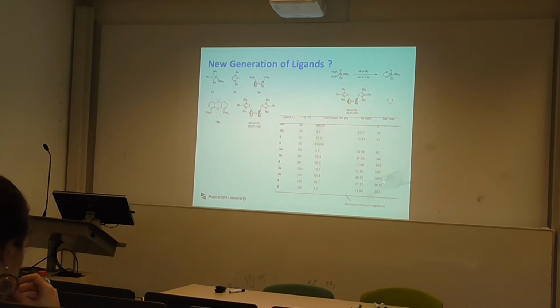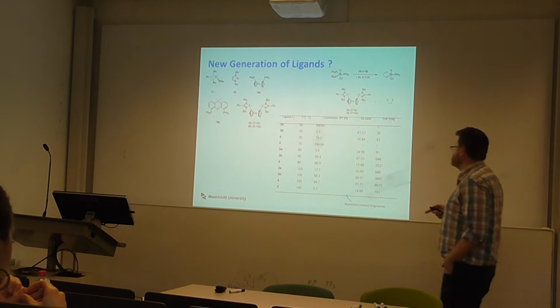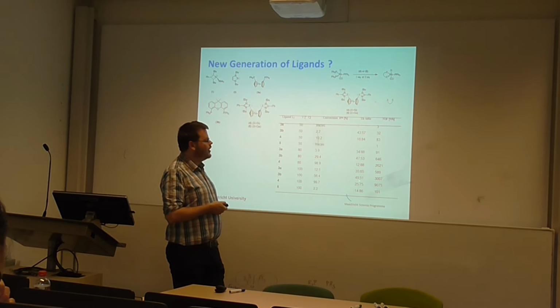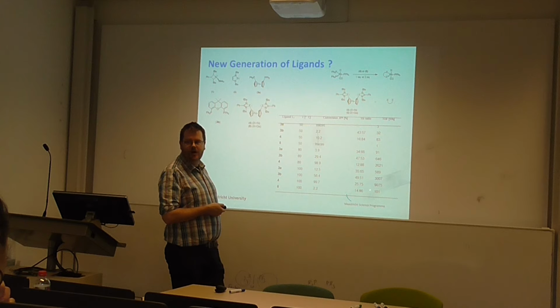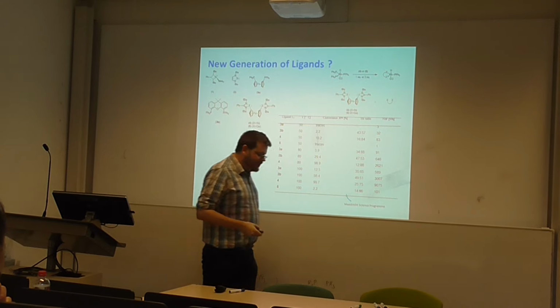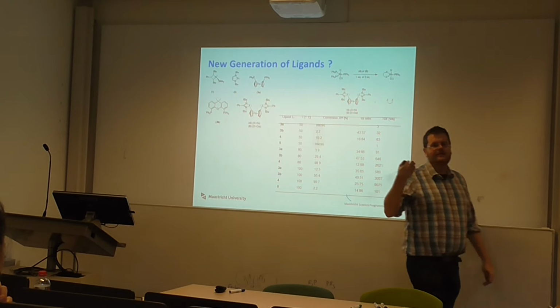But silicon is really good, 9,000. And 3B at 100 degrees, 3,000. So we've got a three times higher turnover frequency. But the disadvantage is we've got quite a poor linear to branched ratio, 75 branched. But the fact of the matter is that it significantly improves the activity.